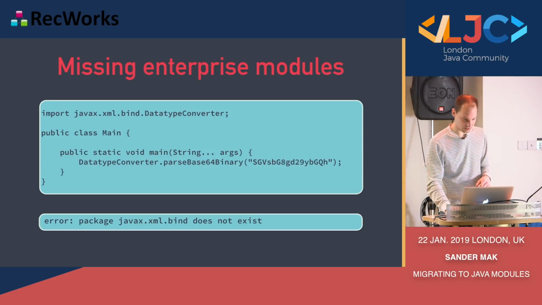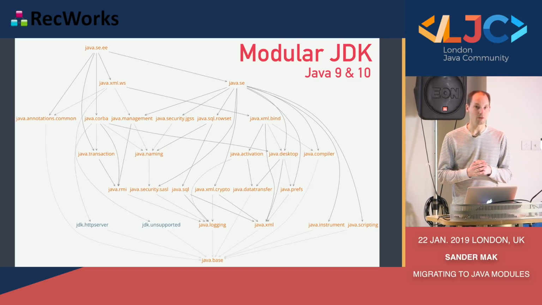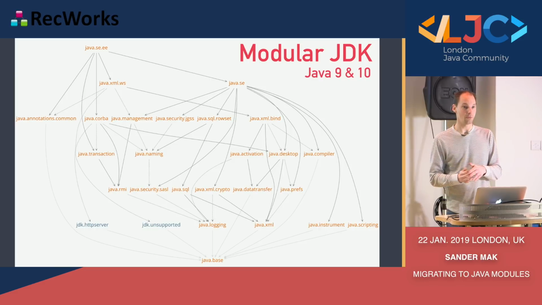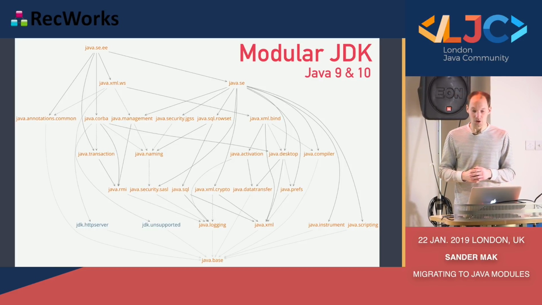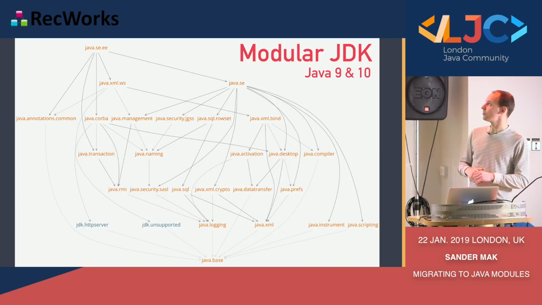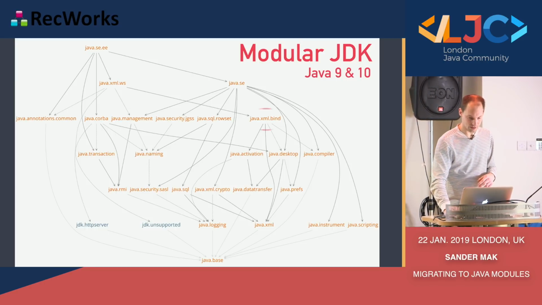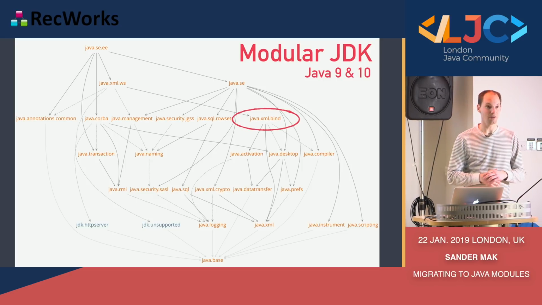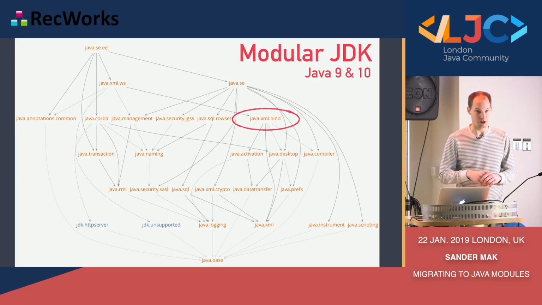The root cause is the difference between what was in the JDK before Java 11 and what is in the JDK after Java 11. In Java 9 and 10, the modular JDK looked sort of like this. There's the java.xml.bind module. This module was there in Java 9 and 10.